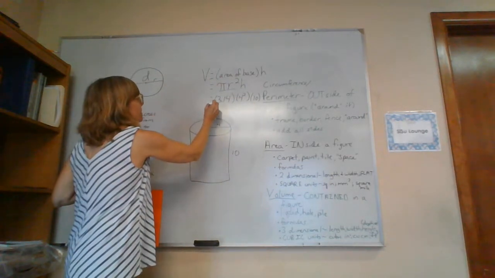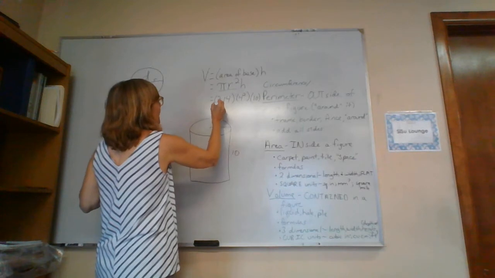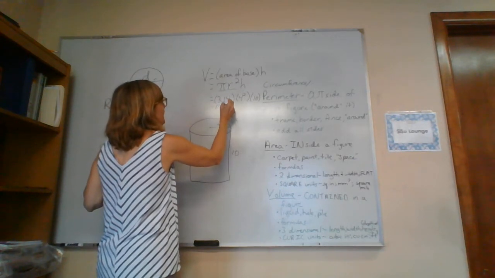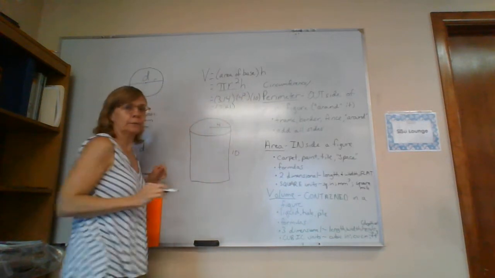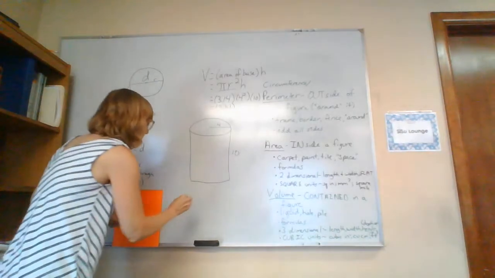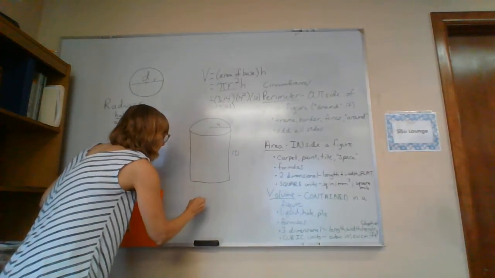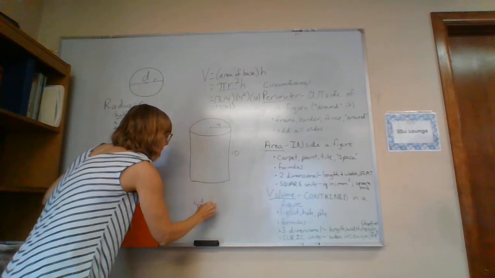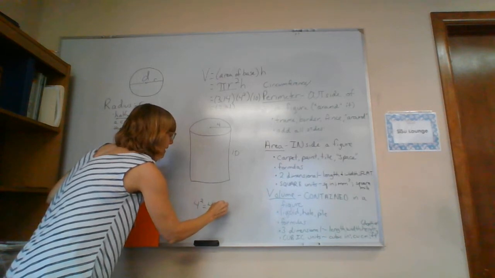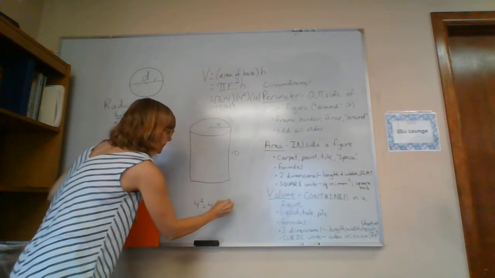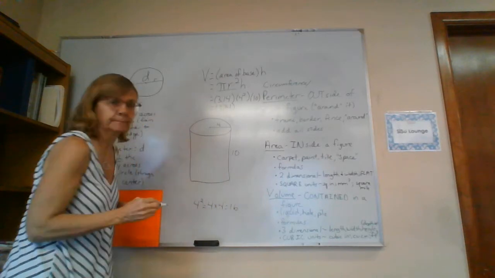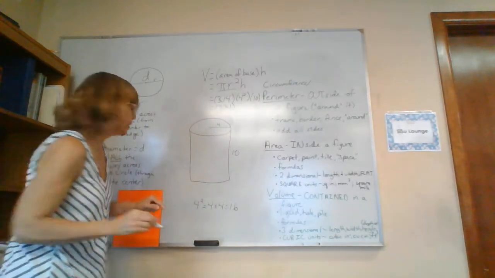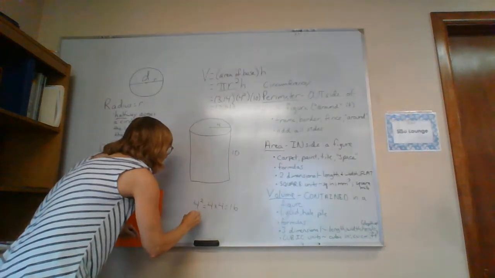Okay, so let's keep going. Let's work our way down, solving it piece by piece. 4 squared. Remember what square means. It means the number times itself. 4 squared is 4 times 4. What is 4 times 4? 16. Let me remind you of a few of these, because I want you to keep them in mind.